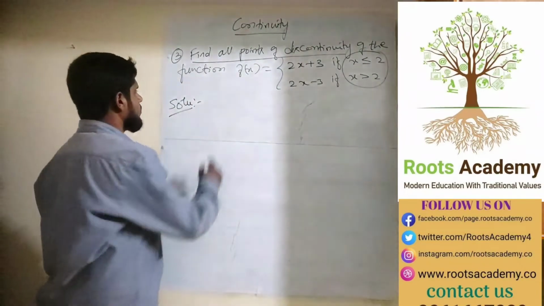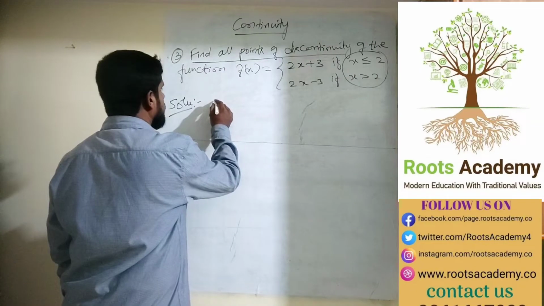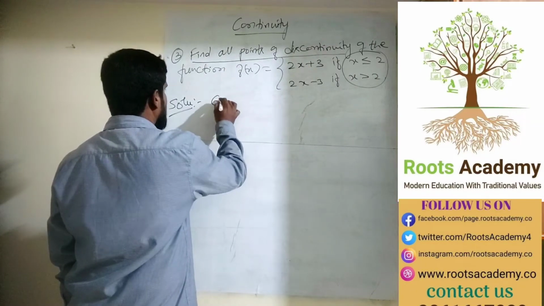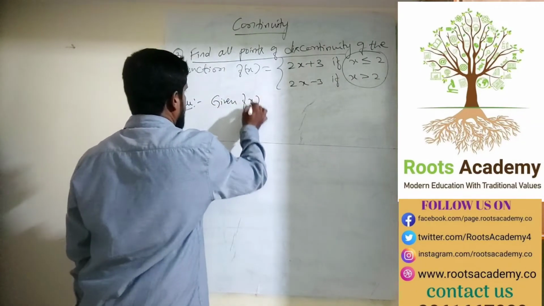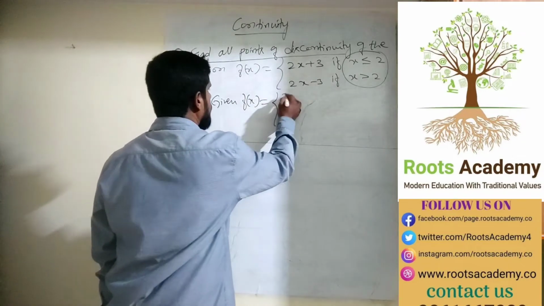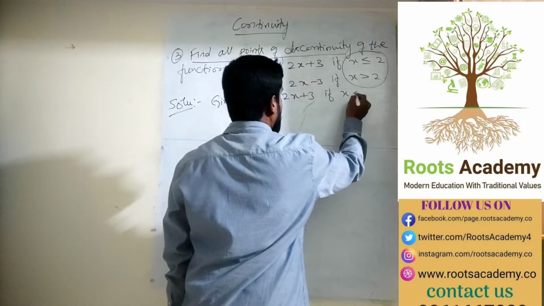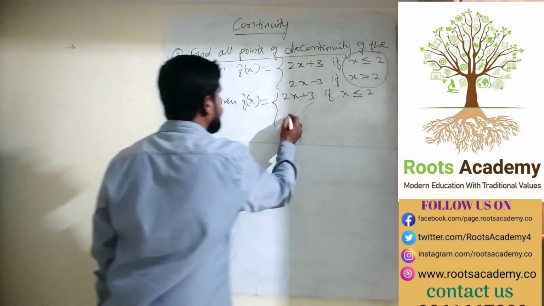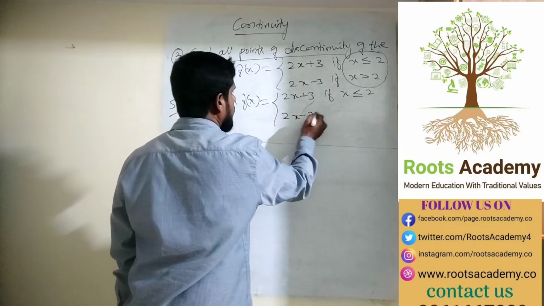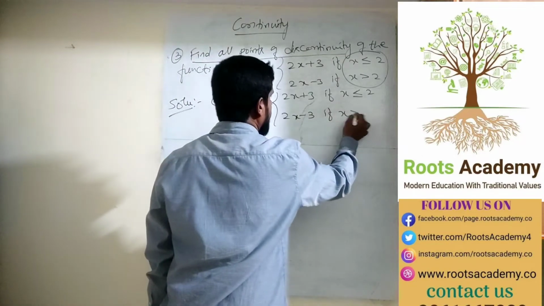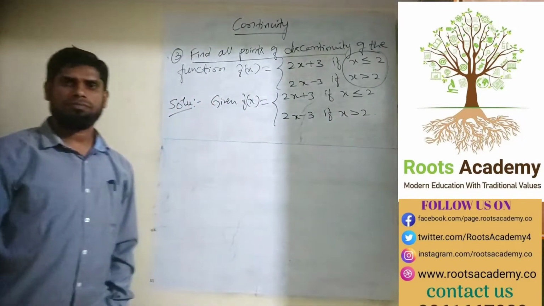Solution: given f of x is equal to 2x plus 3 if x less than or equal to 2, 2x minus 3 if x greater than 2.